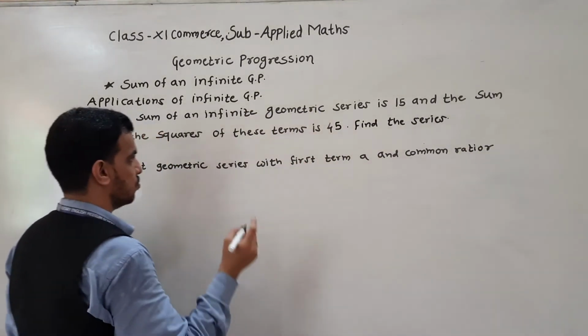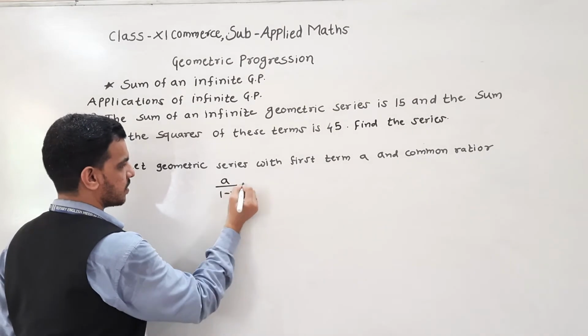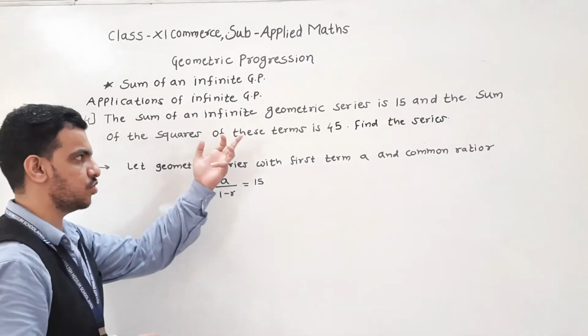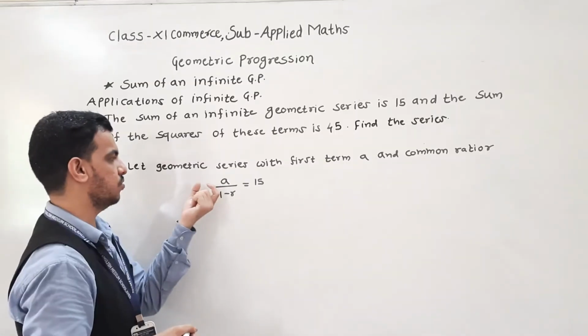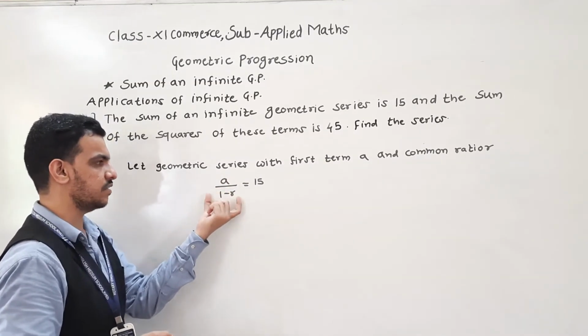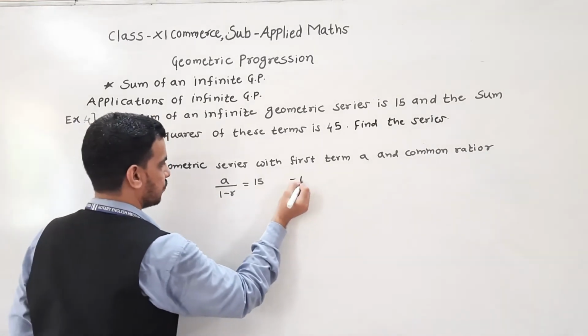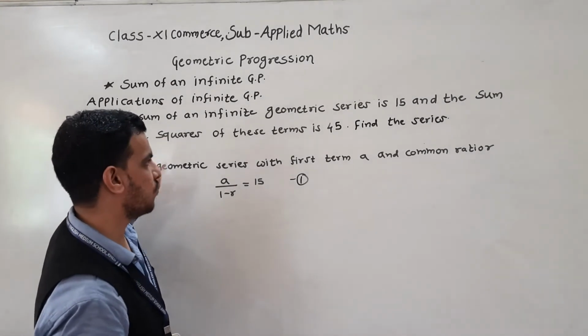Okay, so the sum is given as 15, that is A upon 1 minus R is equal to 15. Okay, the sum of an infinite geometric series, that is, the GP is infinite, so the formula is A upon 1 minus R is equal to 15. Okay, so this is equation 1. The second equation is given, the sum of the squares of these terms.